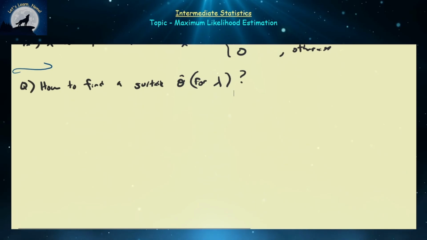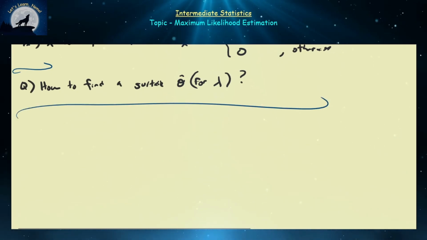One mechanism that is used to find estimates is what we call maximum likelihood estimators. So let's introduce a couple mechanisms that we're going to need in order to define what those are.